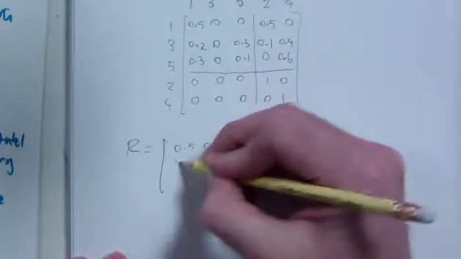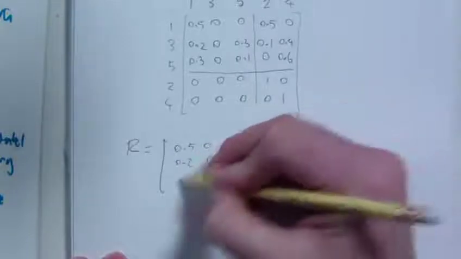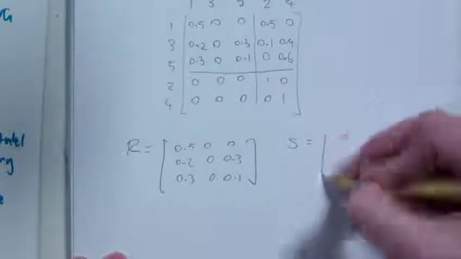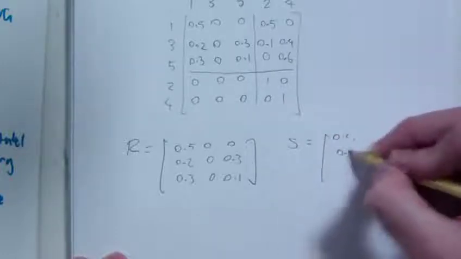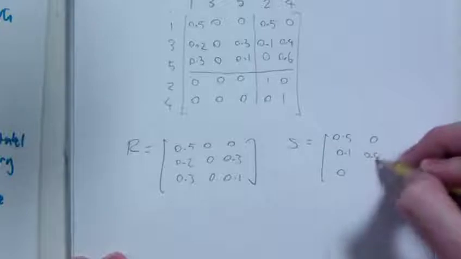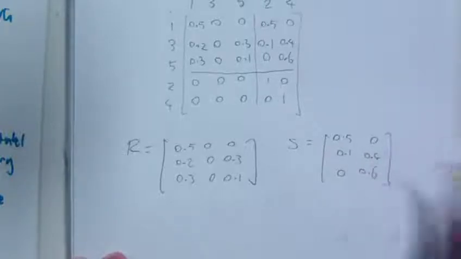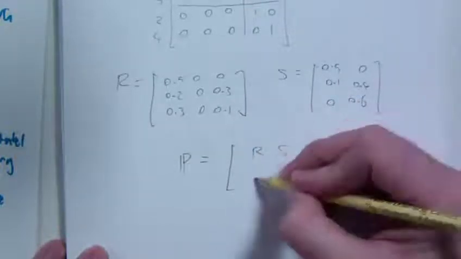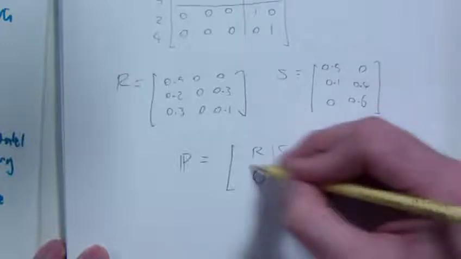Just to make that absolutely clear, like that, which means that my transition matrix has now become R, S, zero matrix, identity matrix, like that.